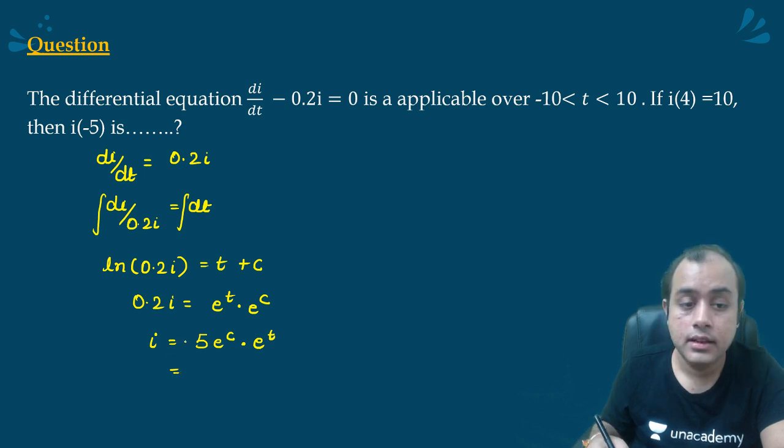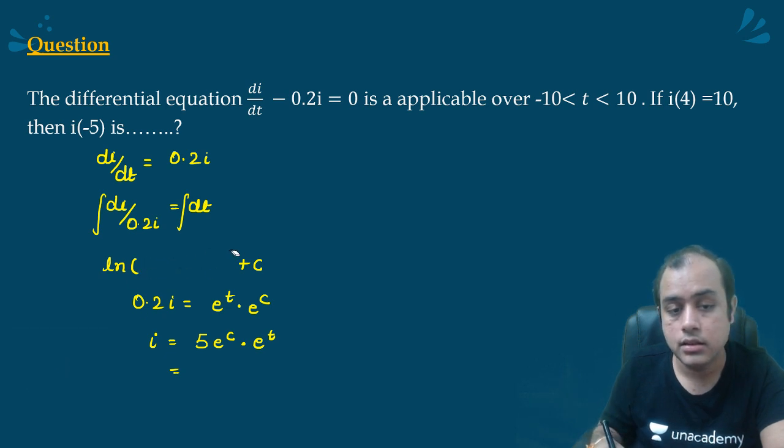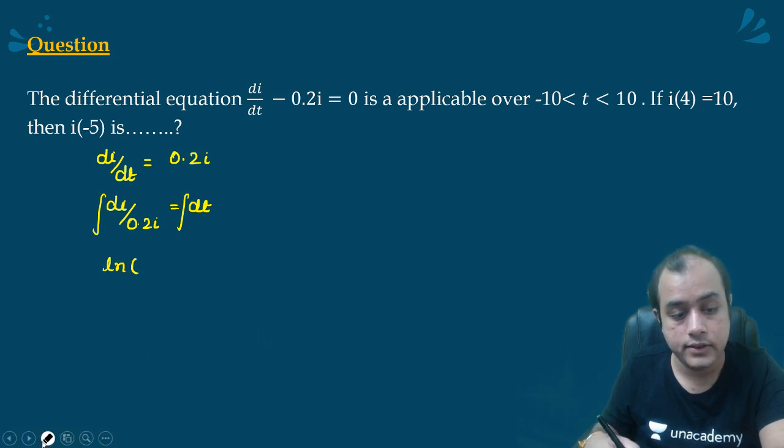Okay, now what will happen is, one minute, I have committed an error actually. It won't be like this. Actually 1 by 0.2 will become 5 initially itself.